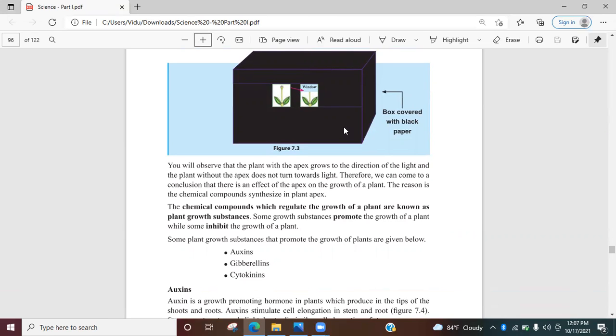You will observe that the plant with the apex grows toward the direction of the light, and the plant without the apex does not turn towards the light. You can do this activity at home, and you will observe the same as here. Therefore, we can come to the conclusion that the apex has an effect on the growth of a plant.